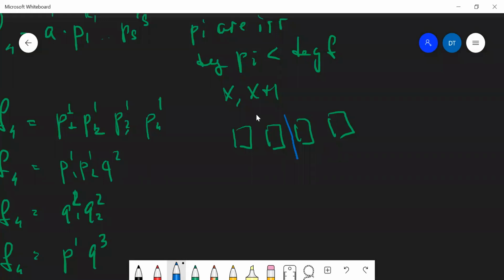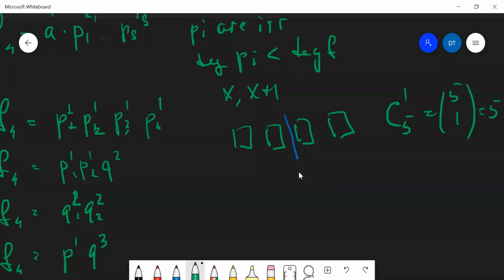So we have 5 elements, square, square, line, square, square, and we have to choose 1 position out of 5 for this divider. So there are C5,1 elements, or in other notation, 5 choose 1. So how many options do we have? The number is 5.